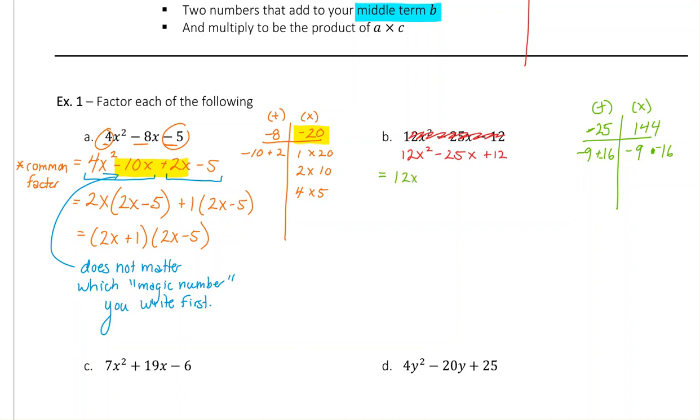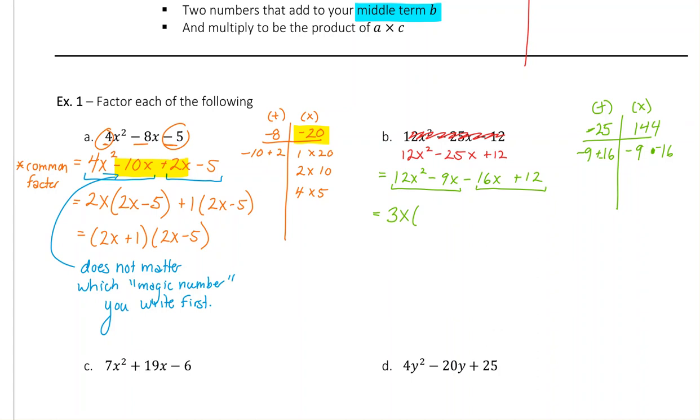So 12x squared minus 9x minus 16x plus 12. We need to group our first two terms and our second two terms, and we're going to common factor. What is common amongst 12x squared and negative 9x? That would be 3x.